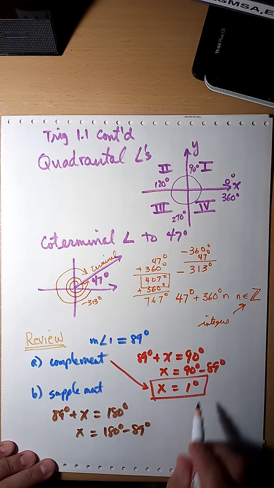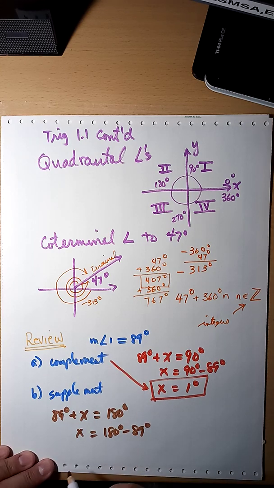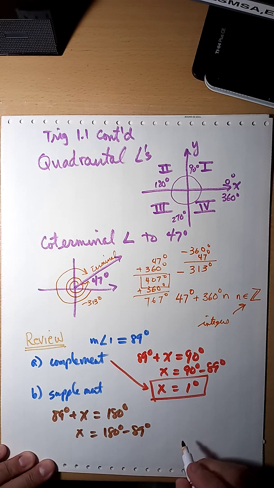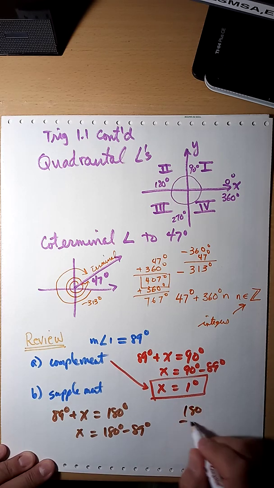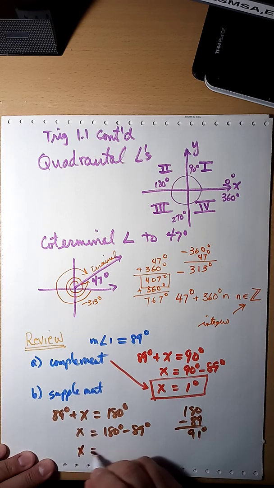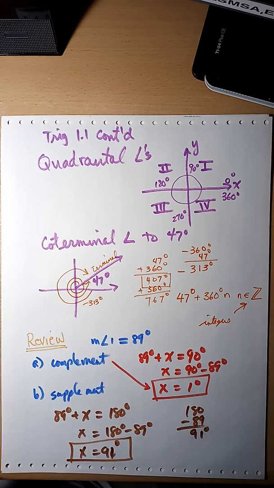Also, it brings up ideas like, make sure you put the degree mark when you're doing degrees. Later on, when we focus also on radians, if you don't put a degree mark, I'll assume that it's radians, perhaps incorrectly. So what is 180 minus 89? See, 10 minus 9 is 1, 17 minus 8 is 9, so x is 91 degrees. And it's good to circle your answers or box them in. So there's an example of how you'd find the complement and supplement that may be asked on the test.